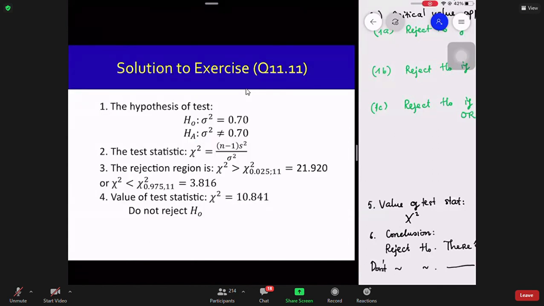So this is the solution to the exercise. We formulate the hypothesis test. Then we check the assumption. Now we need to check the assumption here in the second step.